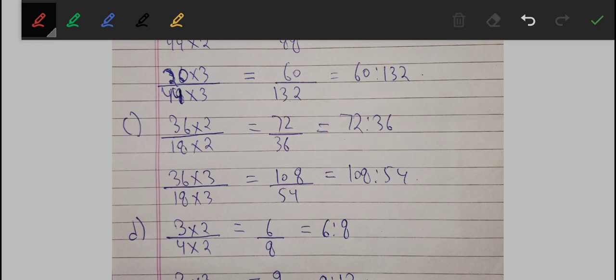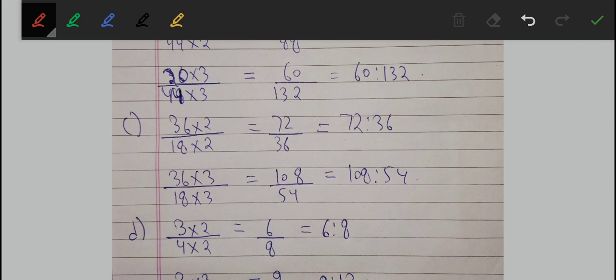Now in the next part we have to find the second ratio. Okay, so we will multiply both the numbers by 3. So 36 into 3 will be 108 and 18 into 3 will be equal to 54. So students, we have got another ratio, 108 ratio 54. Okay, I hope it is clear in your mind. And the D part is 3 ratio 4.